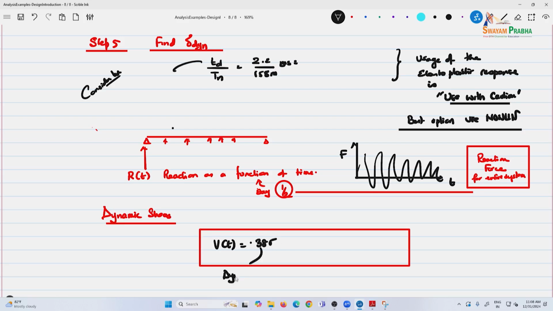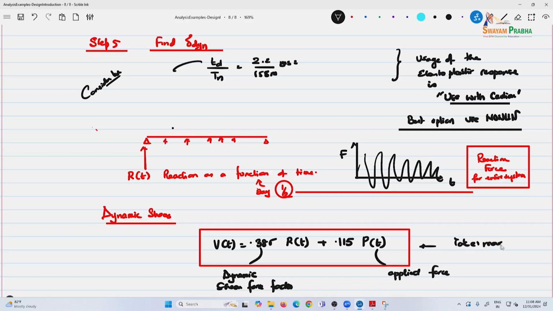This is a dynamic shear force factor, plus this is R as a function of time, plus 0.115 multiplied by the applied force, then take the maximum value.